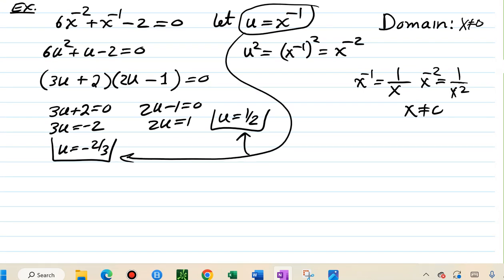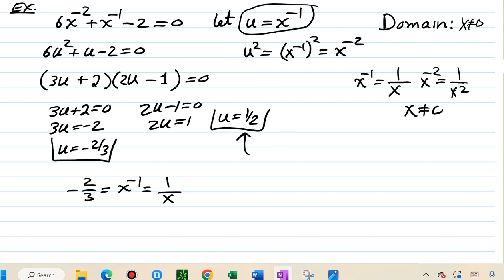And we're going to plug in u into that equation. Negative 2/3 equals x to negative 1, which I just mentioned, that's 1 over x, right? Over here, using negative exponent rule. And we can do one of two things.